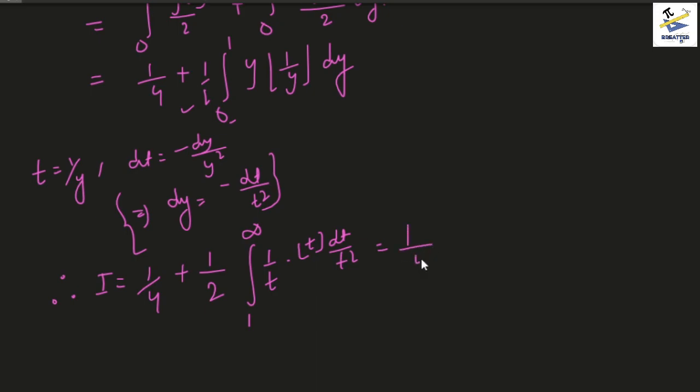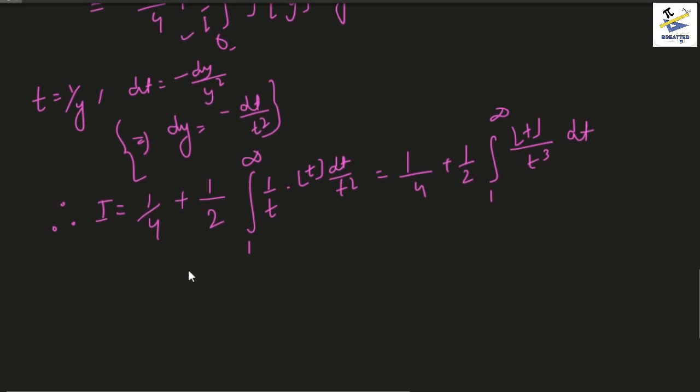So this would be 1 by 4 plus 1 by 2 into 1 to infinity box of t by t cube dt.